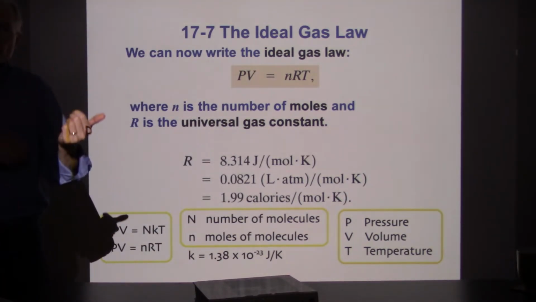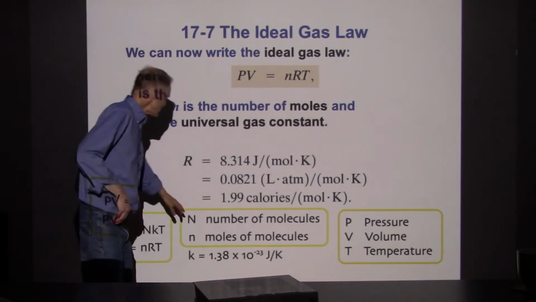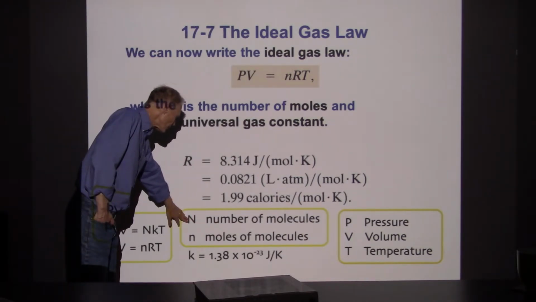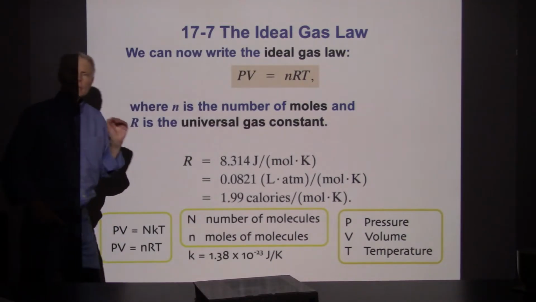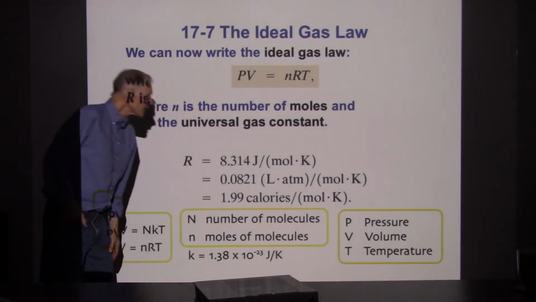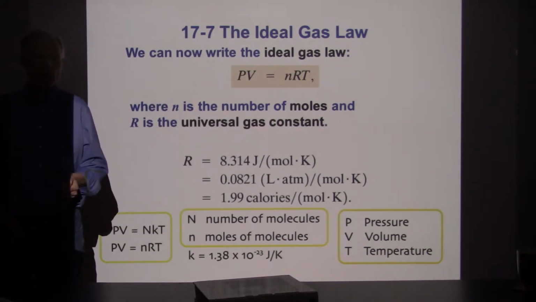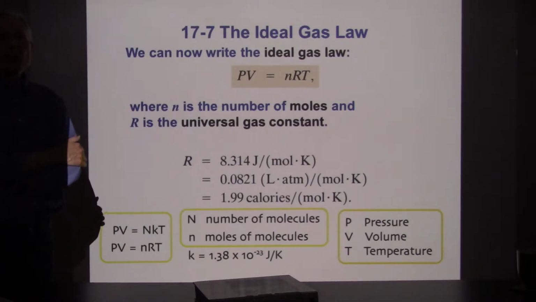But you'll see some instances, I think we've got some examples coming up, where we do go back and just flat out count the number of molecules. Now when we do that, we need a different constant. And the constant we use for this is what's called Boltzmann's constant. And I apologize, but for Boltzmann's constant, we use a little k.